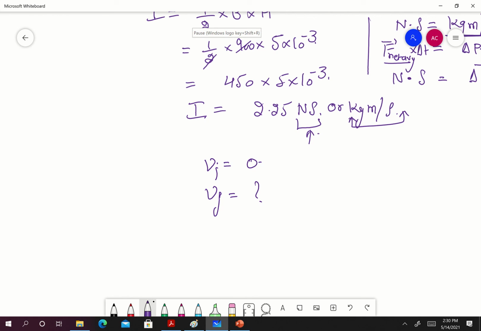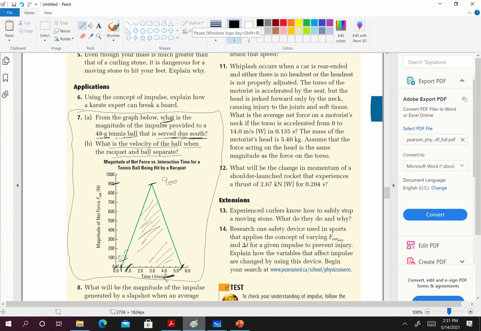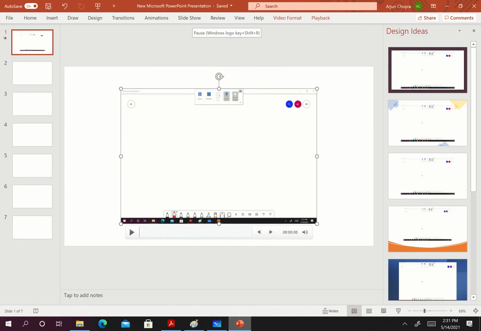As soon as I see the velocity, the second formula comes to my mind, because I want to find v final. The second formula for the impulse is mass times v final minus v initial, and the mass of the ball given to me in this question is 48 grams.